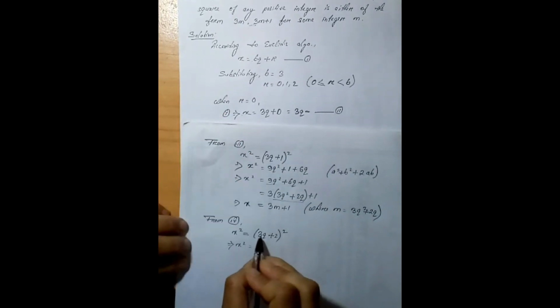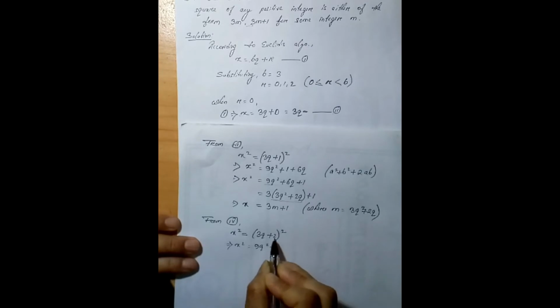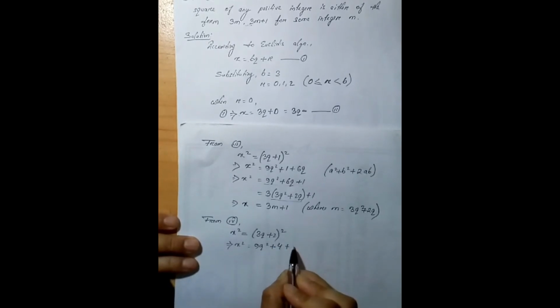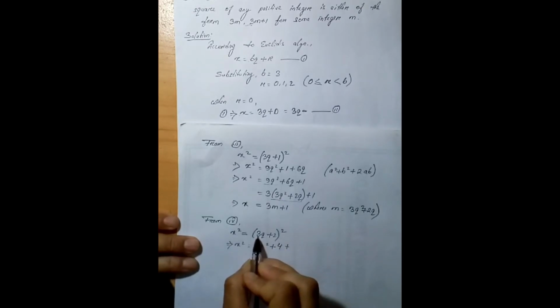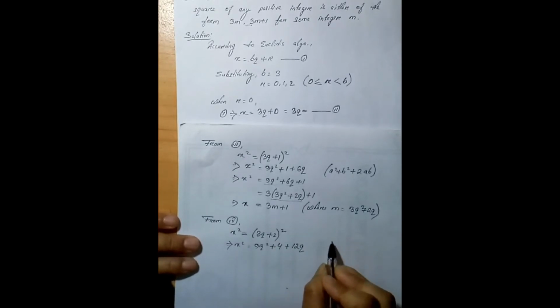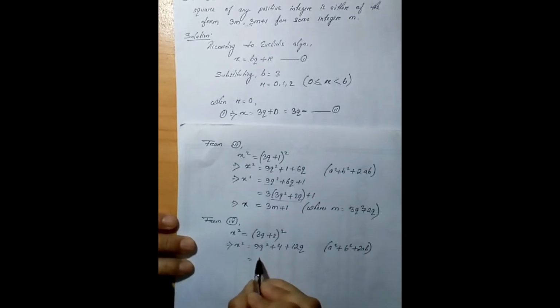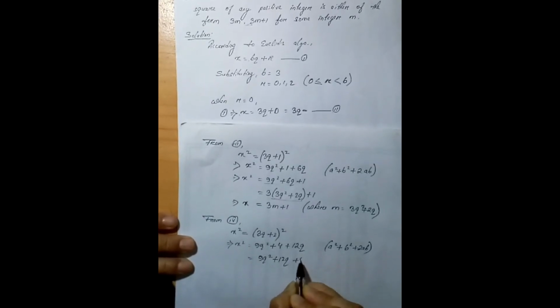So 3q as a square means 3 3 is 9, q square, plus 2 2 is 4, b square, then plus twice ab: 2 into 3 is 6, 6 2 is 12, 12q. It is in the form a square plus b square plus twice ab. So we will arrange it: 9q square plus 12q plus 4.